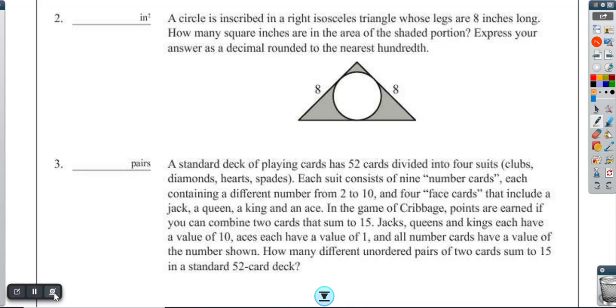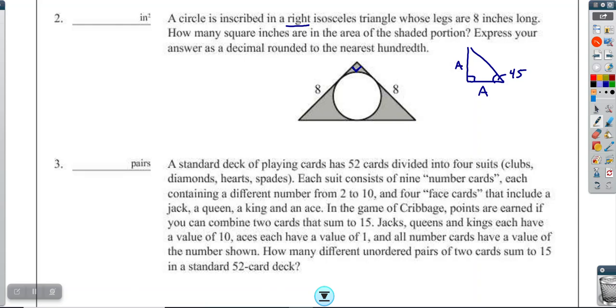So the first step in getting any problem right is reading the problem and making sure we understand what it's asking. So I'm going to take a look at that right now. A circle is inscribed in a right isosceles triangle. That means we have a right angle there, and due to the background knowledge that a right isosceles triangle, also known as a 45 right triangle, has a special relationship amongst its sides.